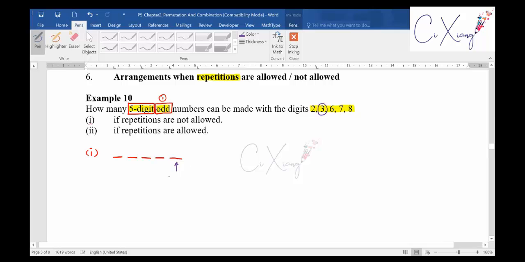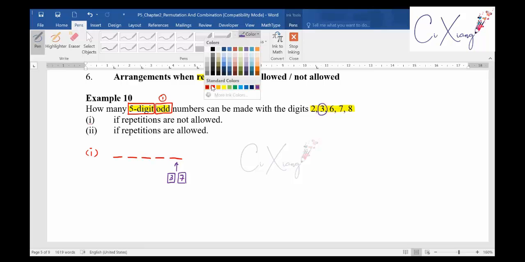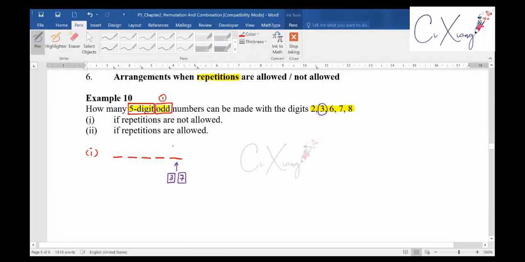You can put either a 3 or a 7 into the last digit. So for the last digit here, you can put in either one of the 2 values. You can write it as 2P1 if you want; if you don't want, then you just write it as 2.